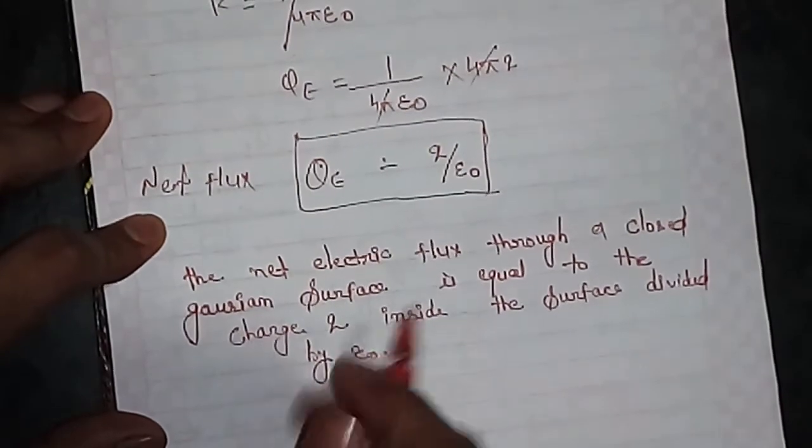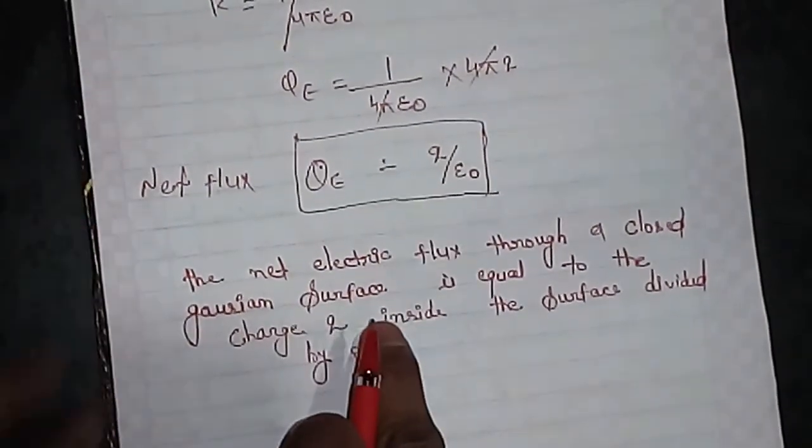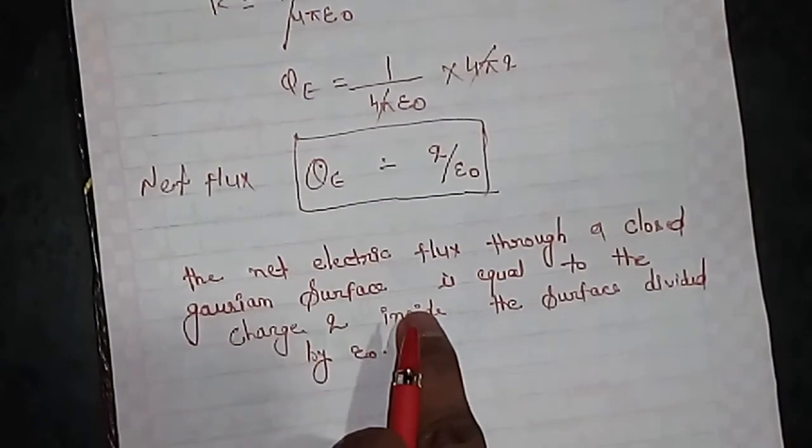This equation can be defined in this form, and this is called Gauss law.